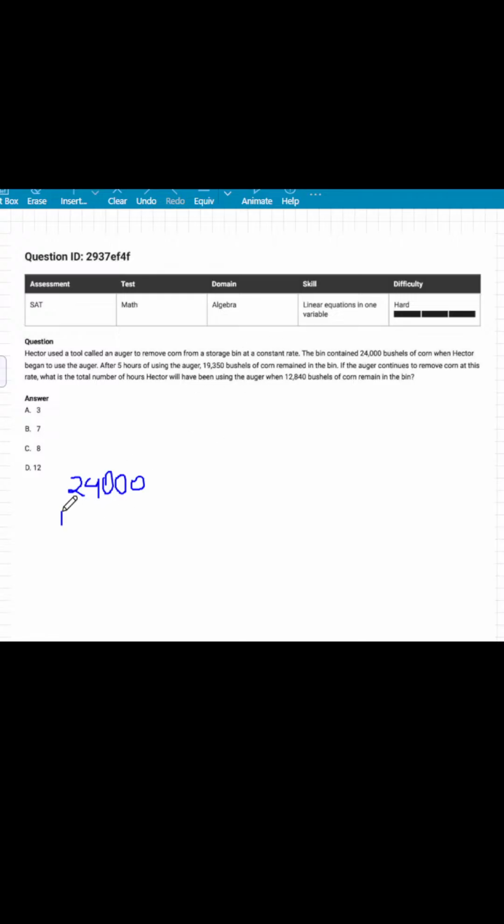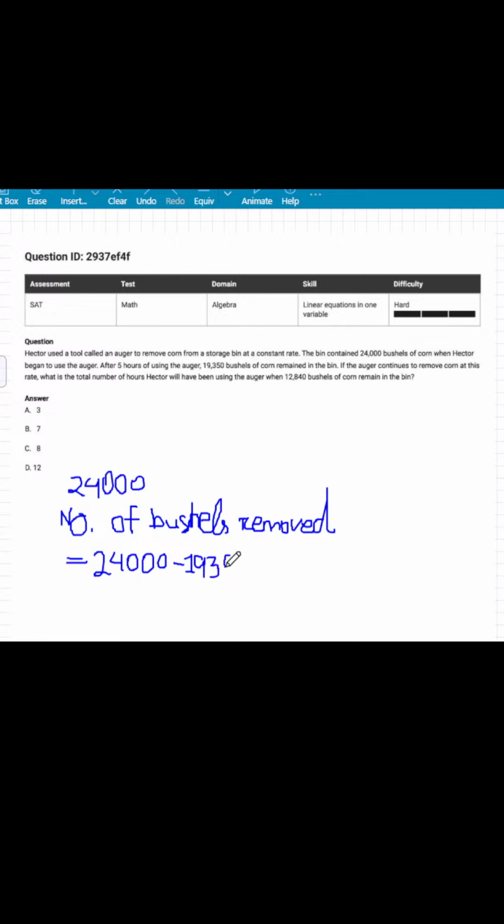The number of bushels removed after 5 hours is equal to 24,000 minus 19,350, which will be equal to 4,650. So these many bushels were removed in 5 hours.